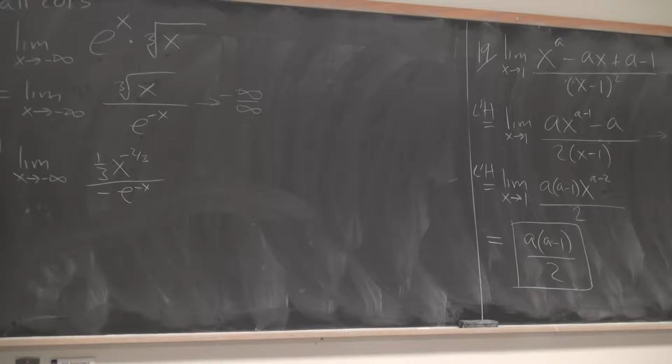If this goes to negative infinity, what does that give us? Right, the top will give you 0. What would the bottom be? 0. What do we do now? You want to try it again?